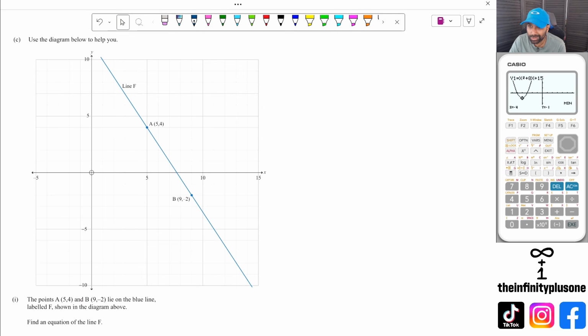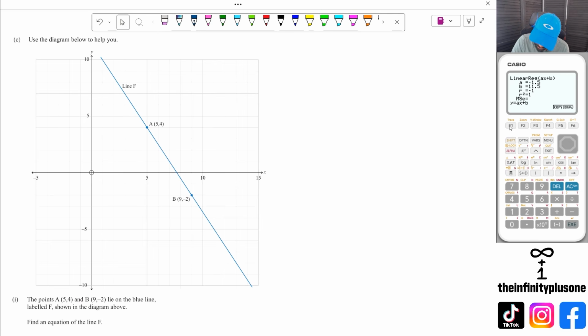There's no indication of justification or anything like that. And because of that, let's just go to the graphics calculator and just do that real quickly. So we've got 5, 4, and 9, 2, 5 and 9, 4 at -2, and we're going to click on graph 1, calc, and x, ax plus b.